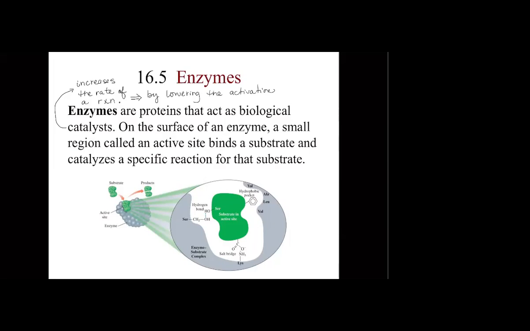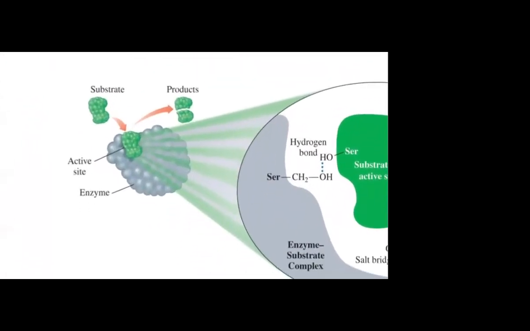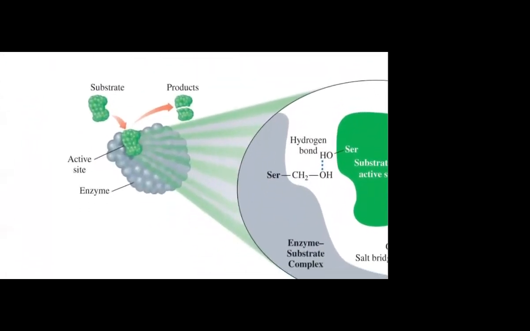Now, when we think about enzymes, again, these are proteins. They're made of a combination of those 20 amino acids that we discussed in class yesterday. When we look at the overall structure of a protein, which we can see in the figure at the bottom of the slide, this picture represents how an enzyme really looks. When it comes to the parts of the enzyme, the most important compartment is the active site.